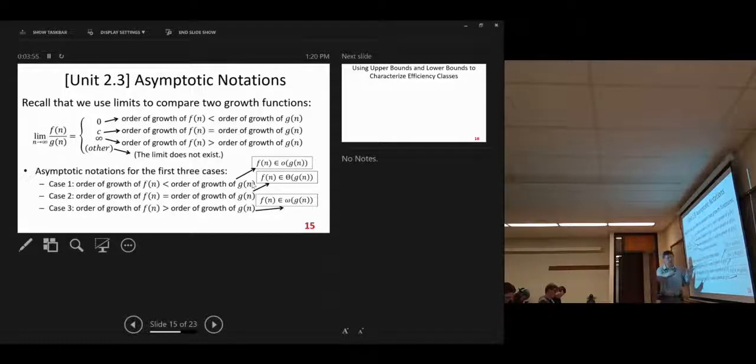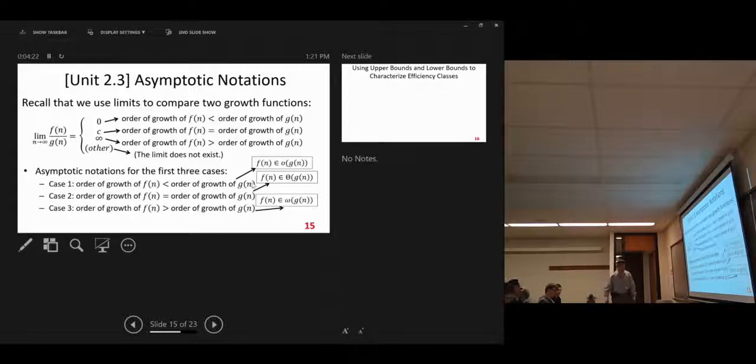We do not need to write those long sentences. We can write shorter notations like that. But just do not get confused: which asymptotic notation corresponds to which case? Do not get confused. All right.